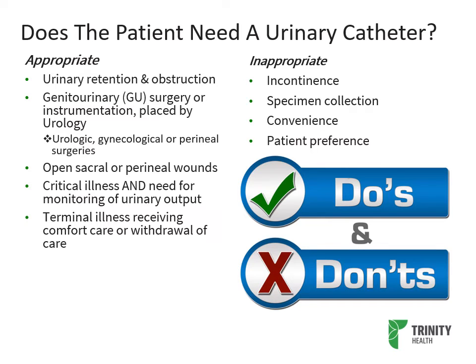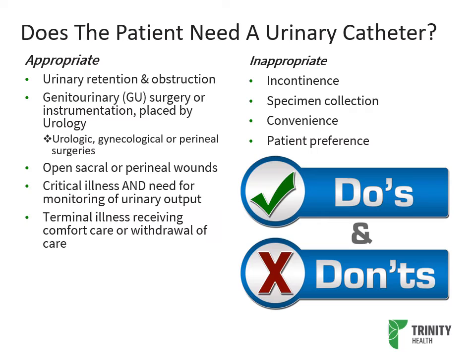Patients with open sacral or perineal wounds, critical illness, specifically patients in the ICU with strict I&O, where they're monitoring hourly urinary output, definitely need to have the catheter in for that. And terminal illness, so patients who are receiving comfort care.